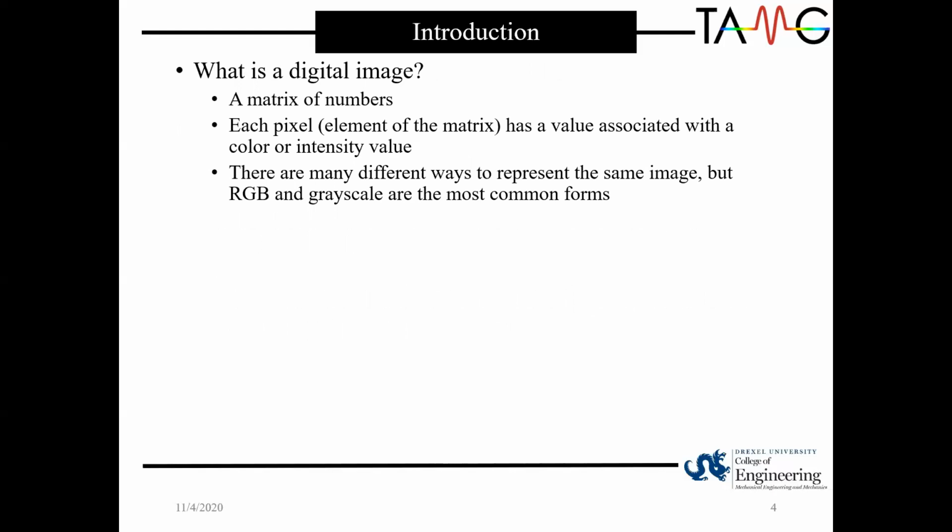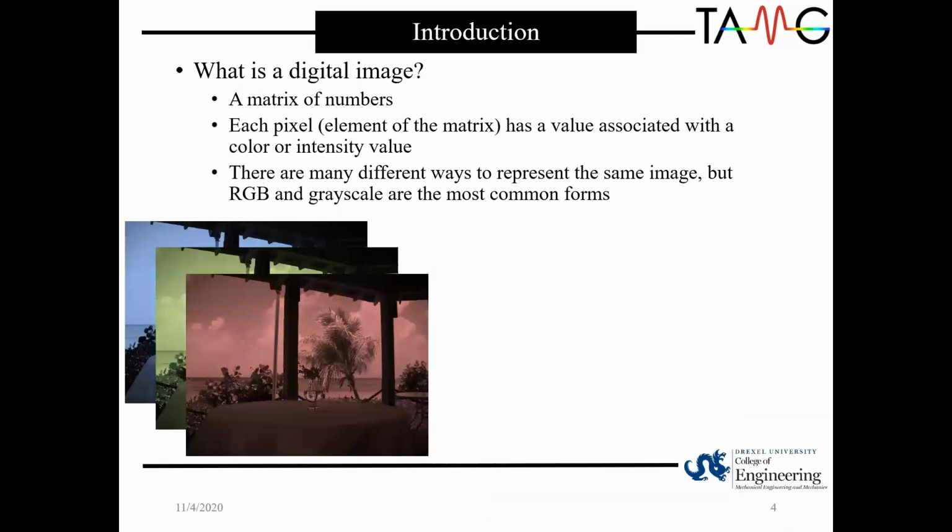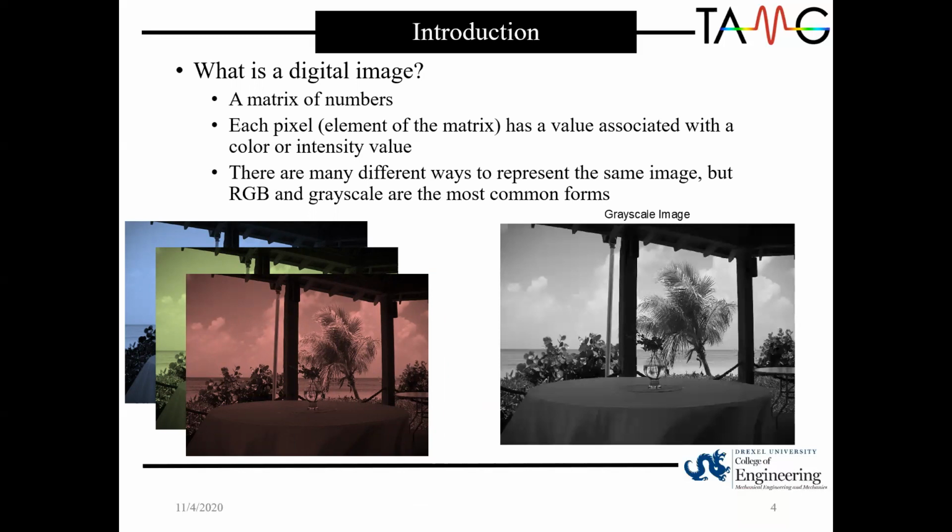How RGB works is essentially there are three different layers of matrices, each with different intensity values for those colors that are overlaid on each other to give you that full final picture. But generally, when we're doing image processing, we do tend to use grayscale images alone. But again, this varies from application to application depending on the user.